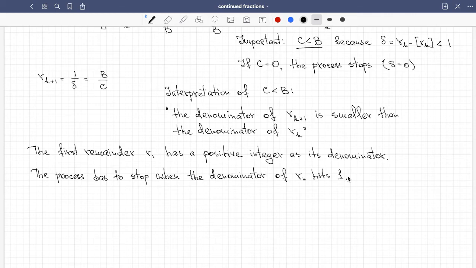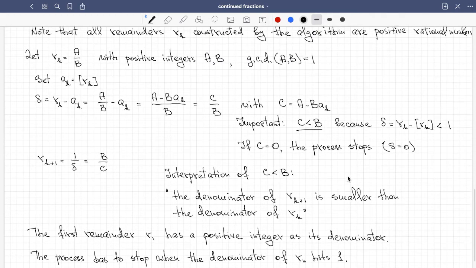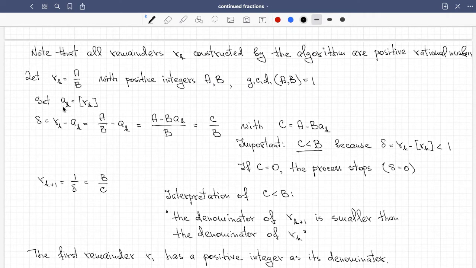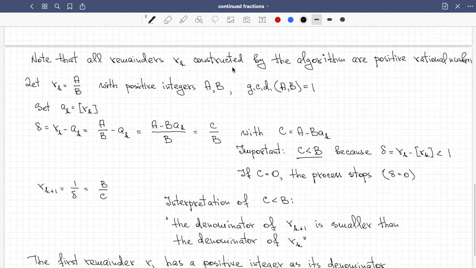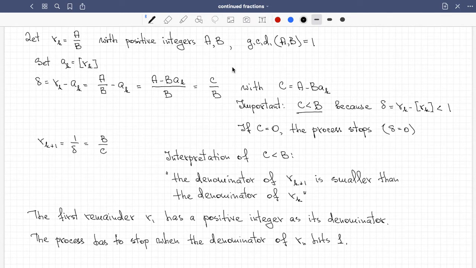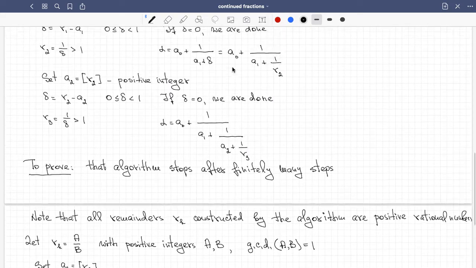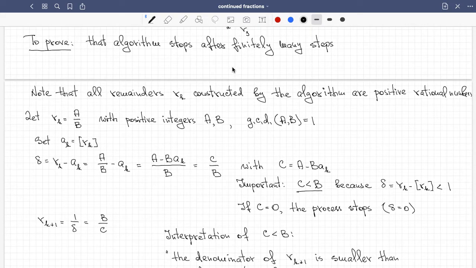If that denominator is 1 and the remainder is an integer, then immediately our integer part is the same, and delta, the difference between remainder and its integral part, is 0. Delta is 0, the process stops. That's it. We proved that at some step the process stops. The proof is finished.